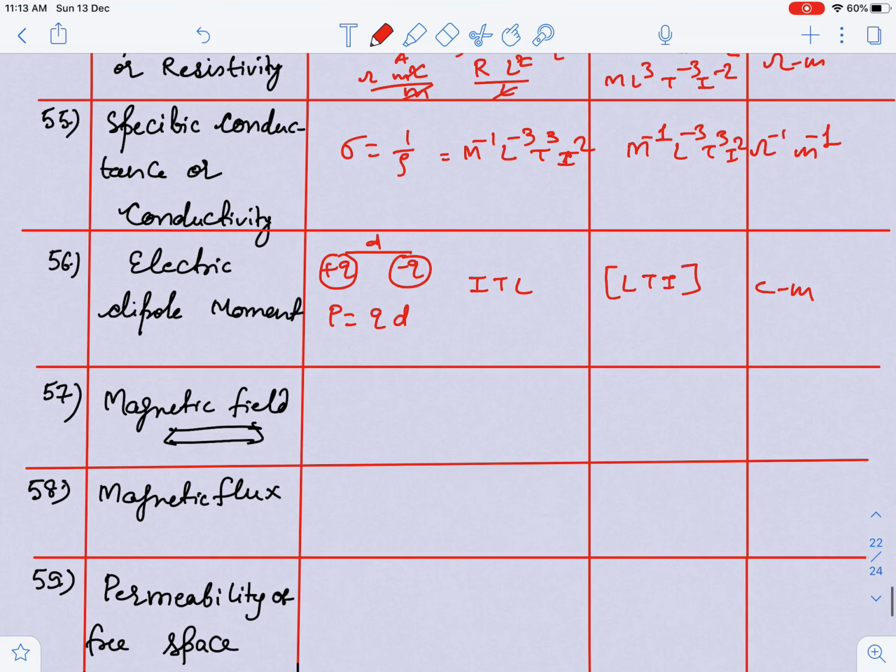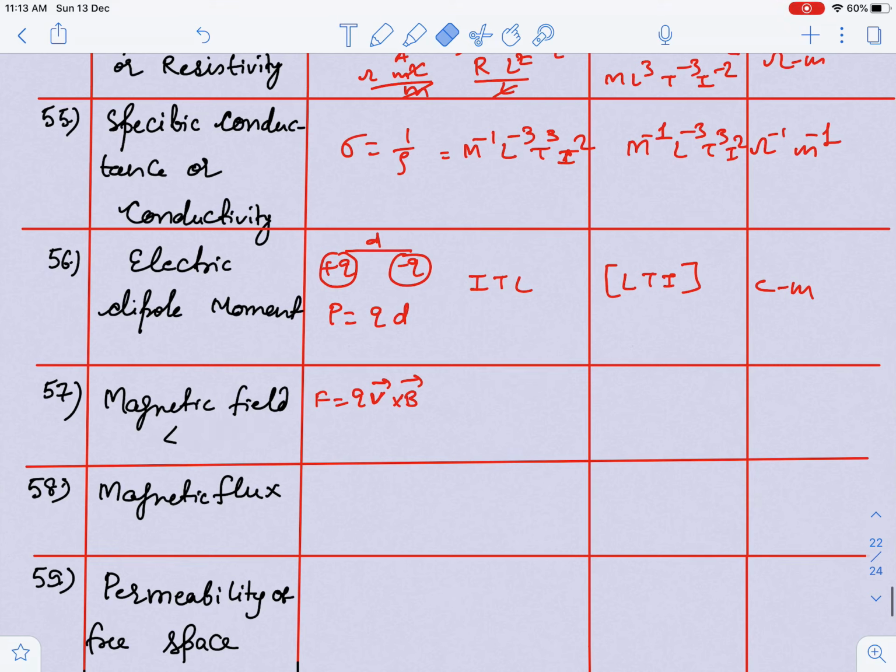Now magnetic field. F is Q V cross B. Whenever a charged particle has some velocity, the magnetic field will affect that charge. But suppose a charged particle is kept stationary in a magnetic field, guys, the magnetic field does not exert any force on the charged particle because it depends on velocity. So B can be written as F by QV.